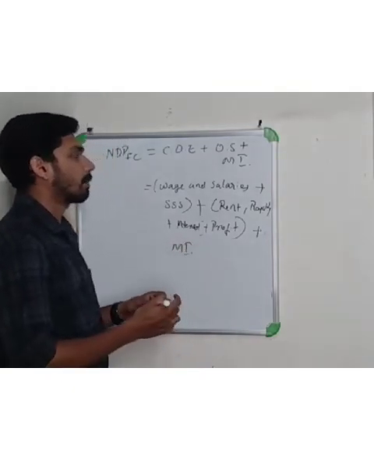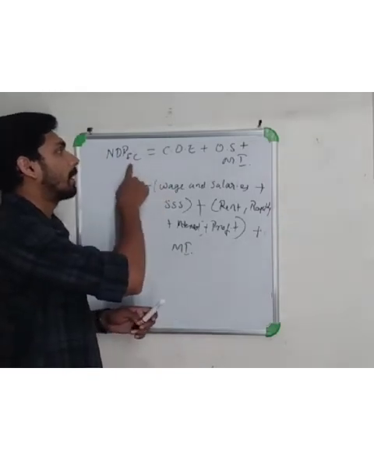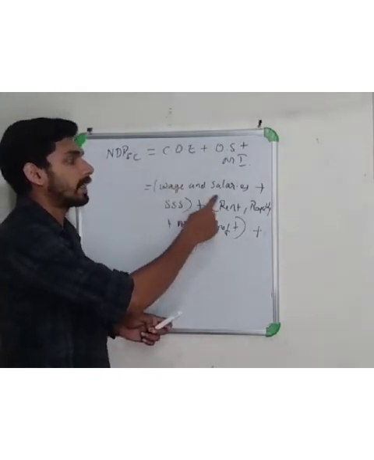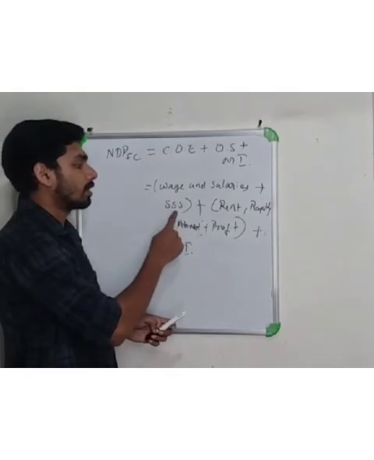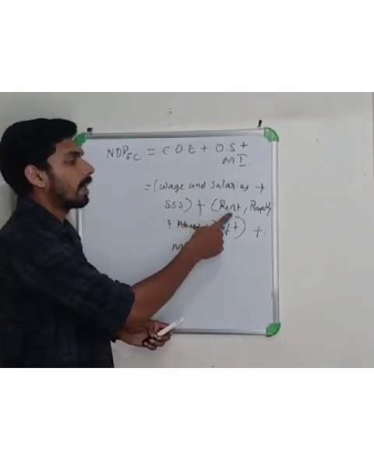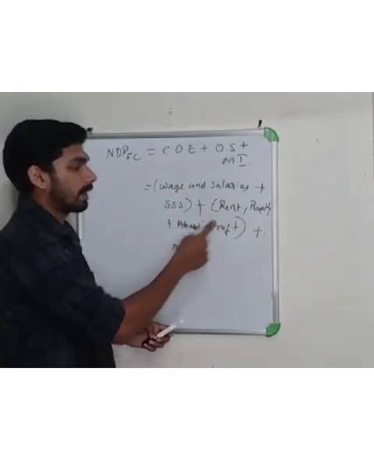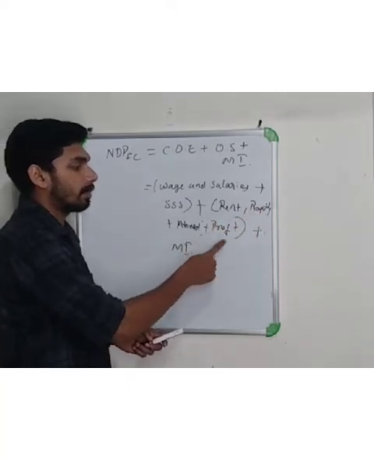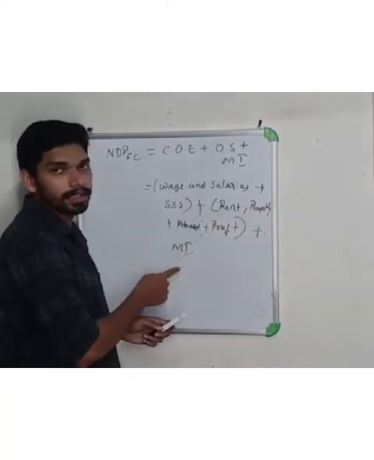So we can rewrite the formula: NDP at the factor cost equals wages and salaries plus social security contribution plus rent, royalty, interest, plus profit plus mixed income.